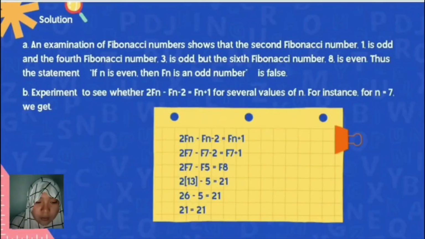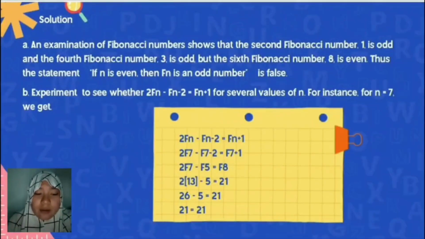for several values of n. For instance, for n equals 7, we get. So, 7 dito yung given. Kumbaga yung n, yung hanapin. Okay? 2Fn minus Fn-2 equals Fn+1. Next we have 2F7. Ang 7 galing sa given.